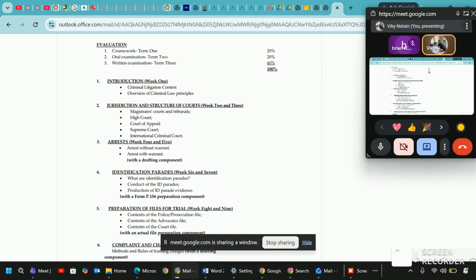Then, if you read Section 58 of the National Police Service Act, it provides that the National Police Service also has express arrest without warrant power in specific circumstances. So maybe during orals, you'll be asked to give various examples of the circumstances that can lead to a police officer arresting you without a warrant.